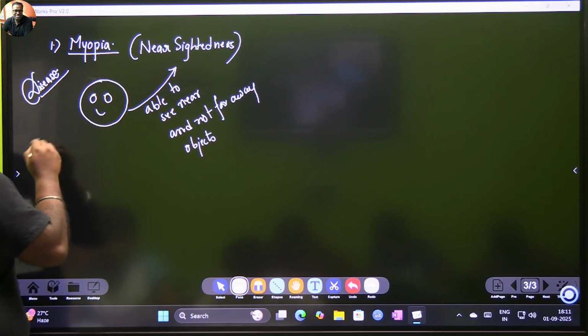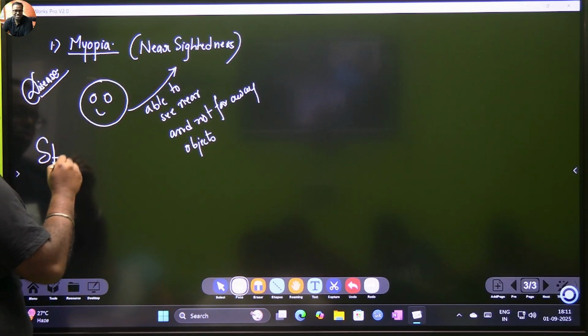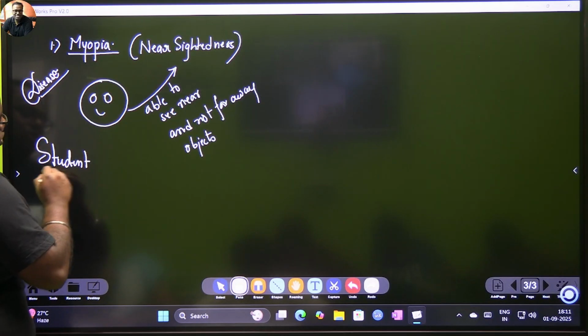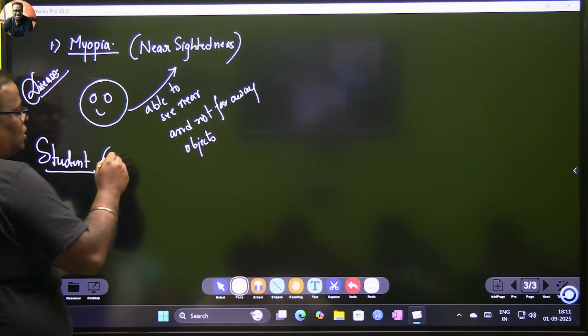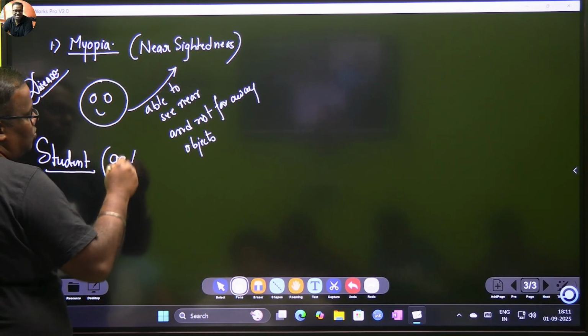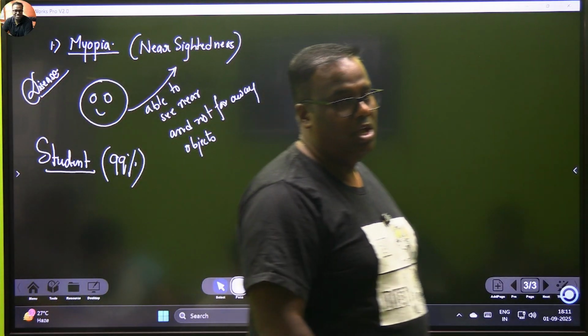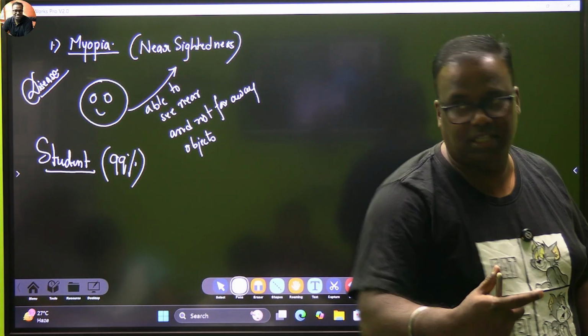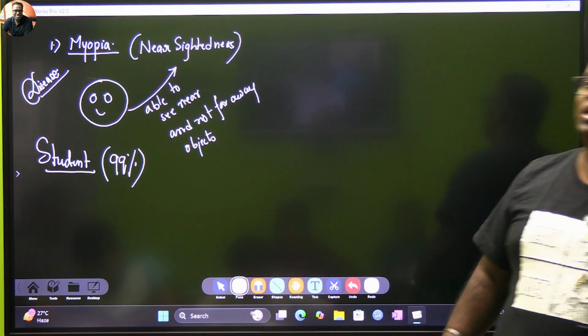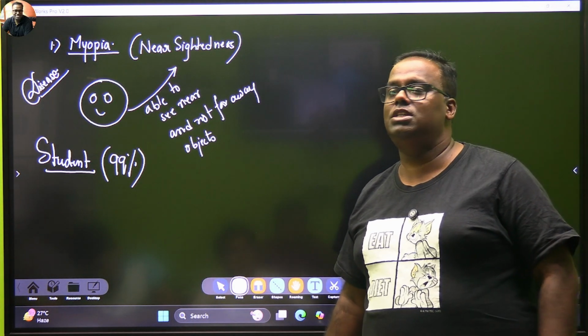If you are in the student or child community, and you see somebody with specs, 99% of them are myopic. All of you in my room are myopic. Myopic means nearsightedness. Near you can sight, but you cannot sight far off.